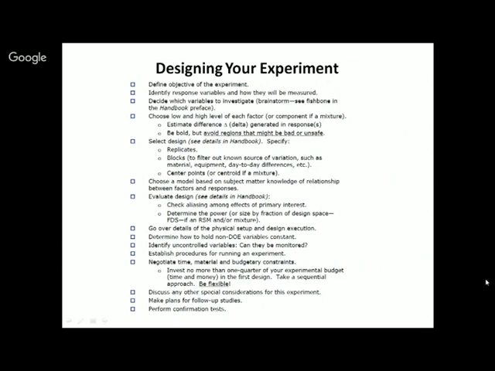Then you have to negotiate time, material, and budget constraints, and what expenditures you have to invest. Then discuss any other special considerations for this experiment with management. Then you make up your plan for the studies, and then perform your confirmation test.